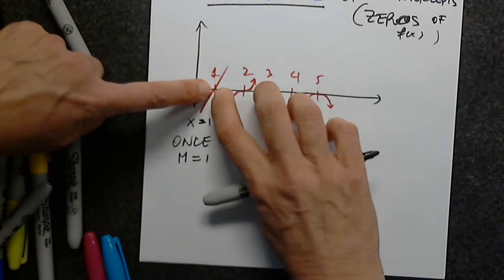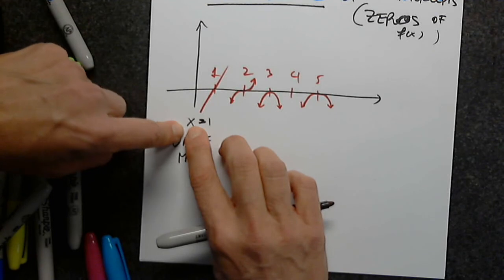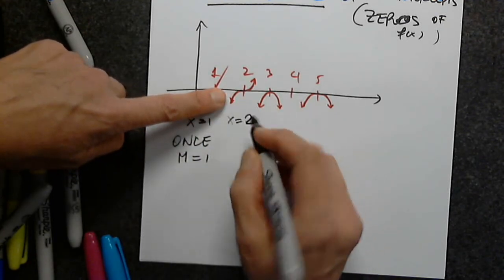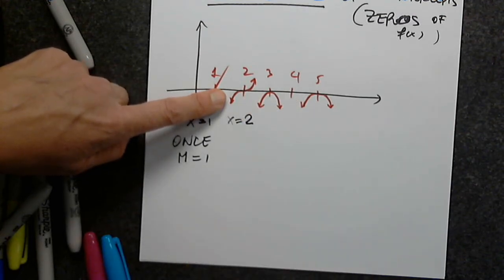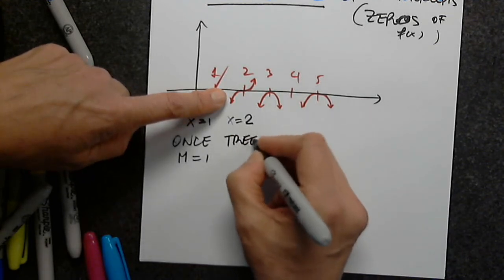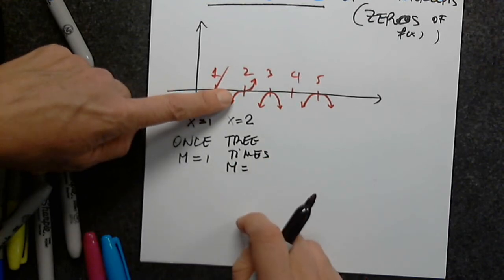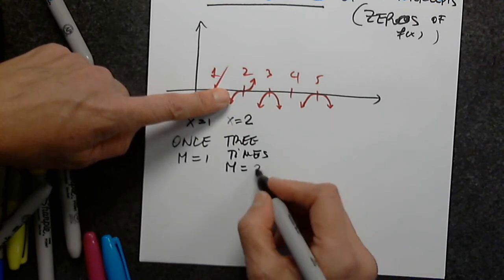But because it appears once, we call the multiplicity 1 for this solution. Let's take a look at this one. Let's say this is x equals 2. How many times do you think x equals 2 will be found as an x-intercept? Exactly. So 3 times. So what is the multiplicity of x equals 2 for this second function? Excellent.